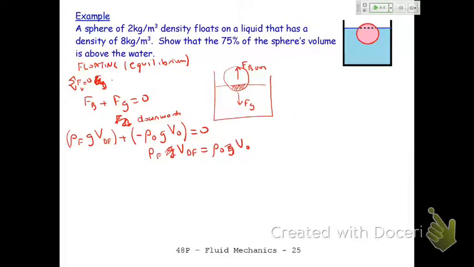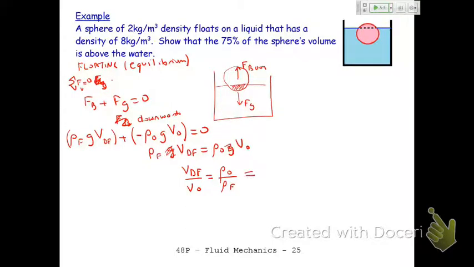Let's rearrange thinking about the volumes. I'd like to, let's say that the volume of the displaced fluid over the volume of the object is equal to, well, that's going to be the density of the object over the density of the fluid.